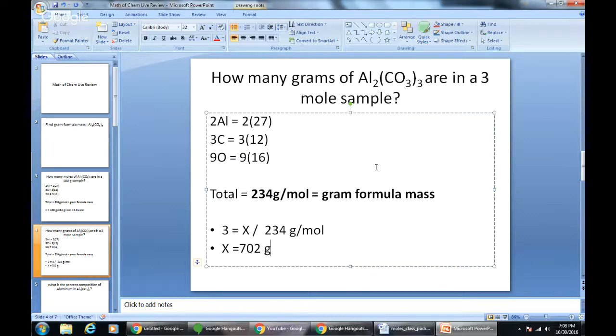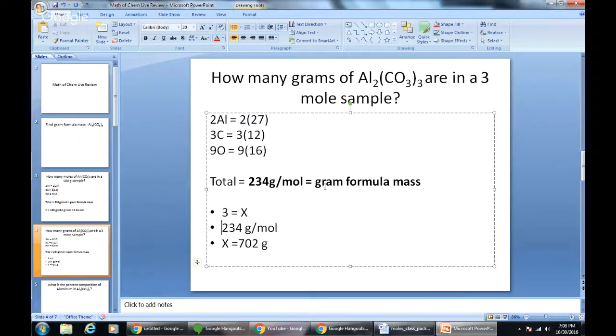Now with this one, you have to be careful because this is going to be cross multiplying. Okay, and some of you struggle with that. So just be aware of it. So X, let me underline it. Okay, so 3 is equal to X over 234. You need to put 3 over 1.